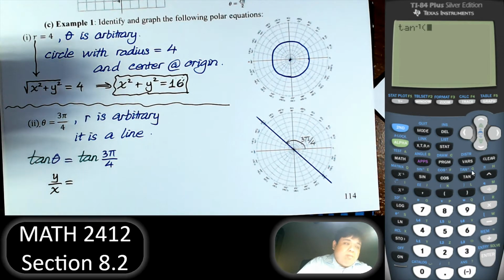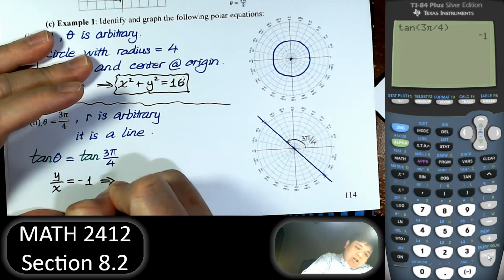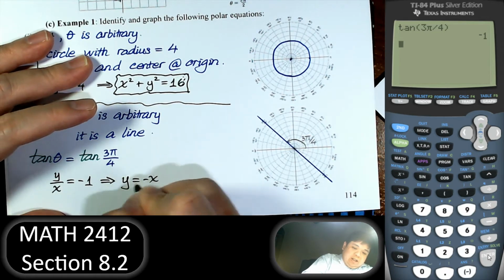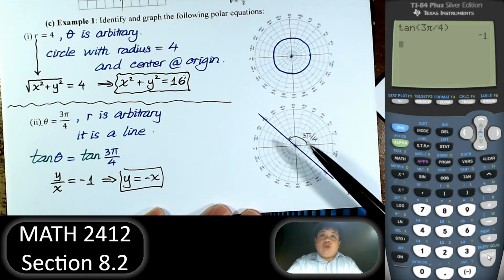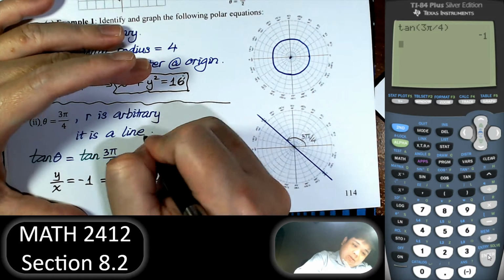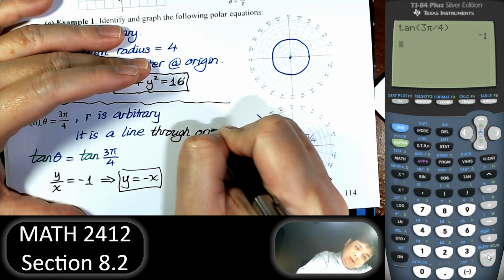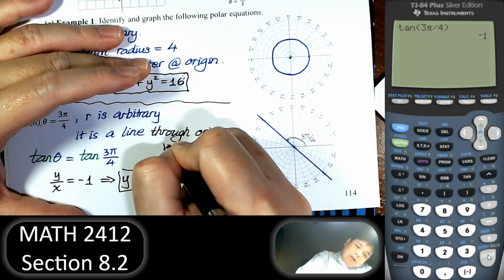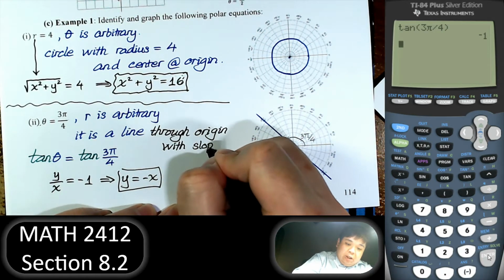Tangent of 3 pi over 4 will be negative 1. So the equation turned into y equal to negative x. When we write y equal to negative x, we know that it is a line with slope equal to negative 1, and the line goes through the origin.